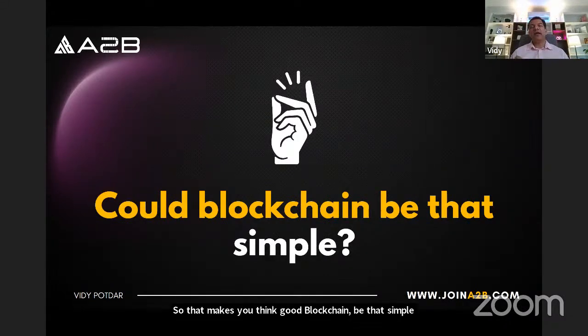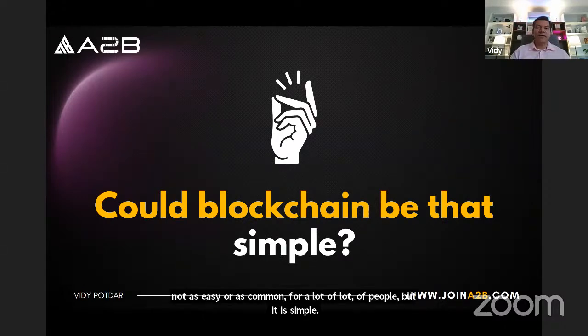And when I give you the demo, you will realize that it is not a very complex technology. It just seems complex because the way to access it is not as easy or as common for a lot of people. But it is simple, and we are trying to make it even simpler with A2B.